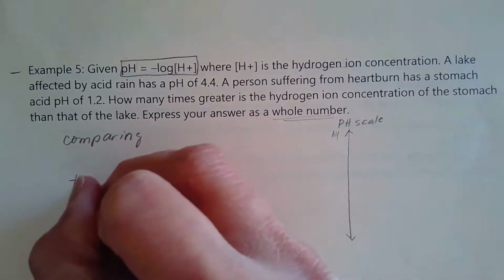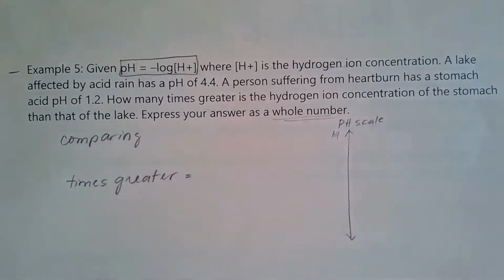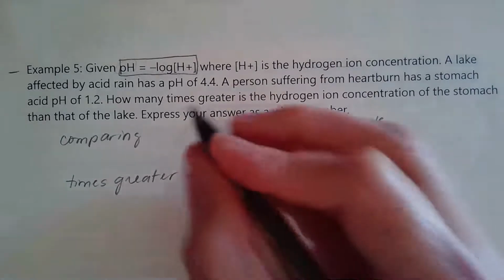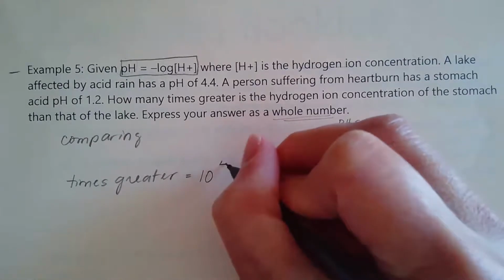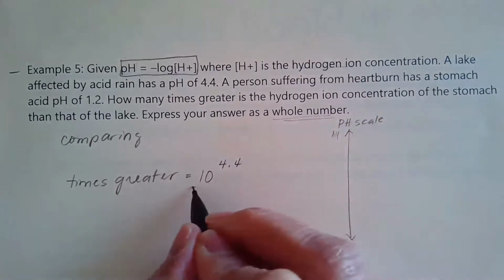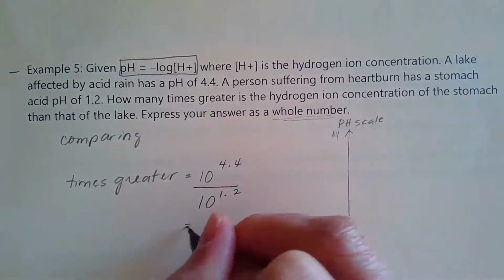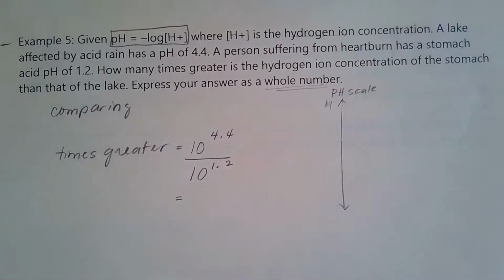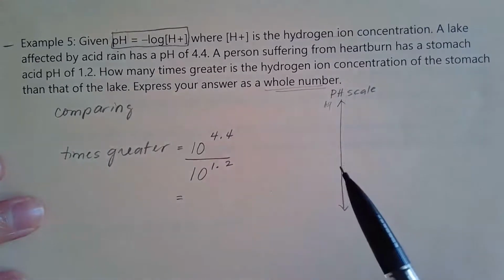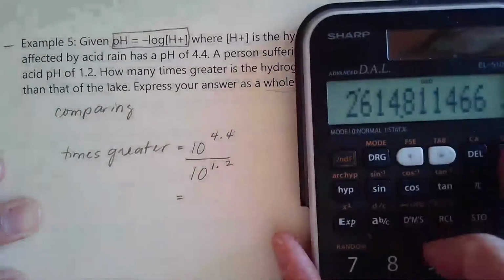So, times greater: 10 to the exponent of 4.4 divided by 10 to the 1.2.